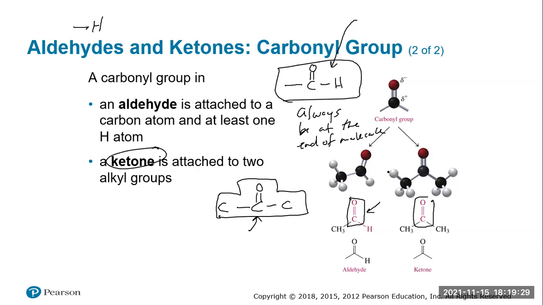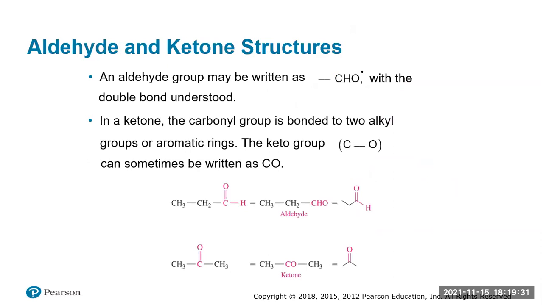Now, sometimes in condensed formula, you'll see these things written like this, CHO, and that again is our aldehyde group. That basically is a carbon oxygen double bond and a hydrogen. And sometimes you'll just see CO written as the carbonyl group, which is our guy right here.